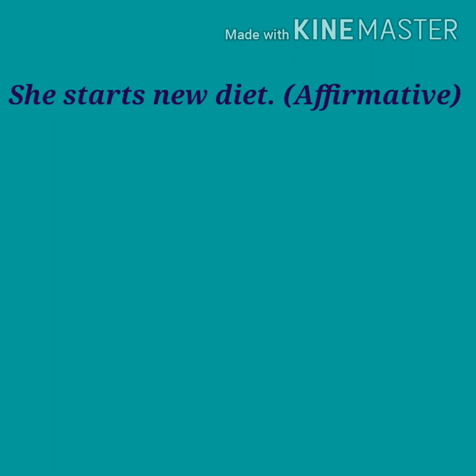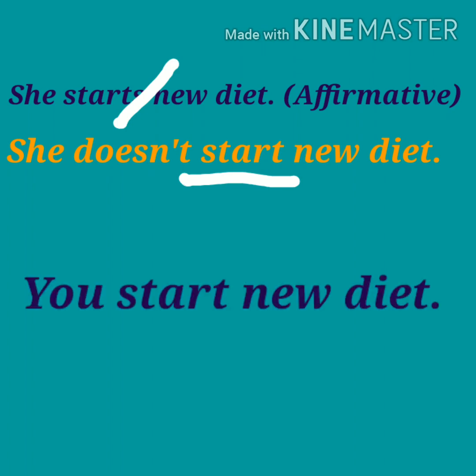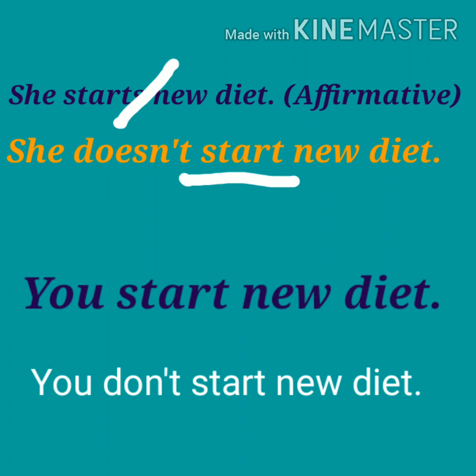Now make it negative. She doesn't start new diet. Here you can notice we remove s and use only start. So remember it. Now the next sentence, you start new diet. Here we can easily make it: you don't start new diet.